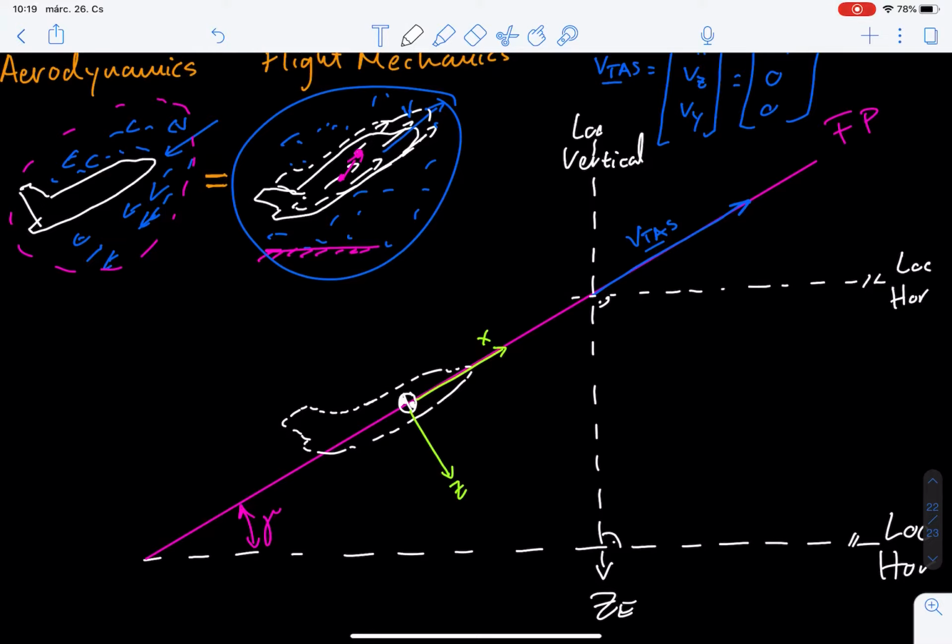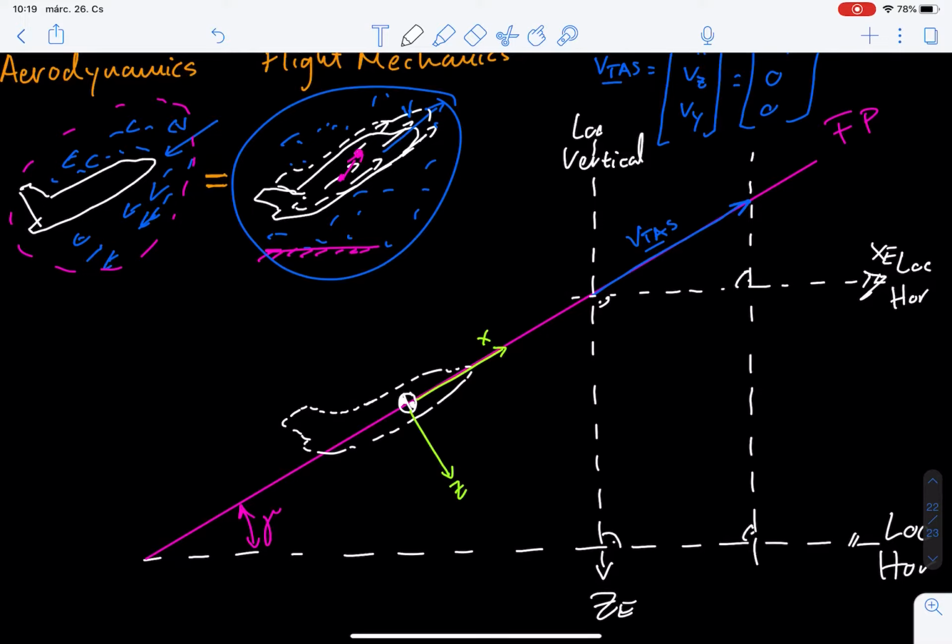Or you might have the local vertical here as well. This is going to be perpendicular with both of the legs as well. So I'm interested in finding out. So this we could also call the XE axis, and it's generally pointed in the northern direction.